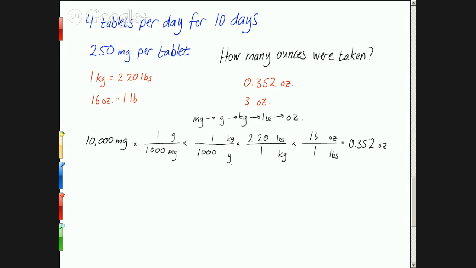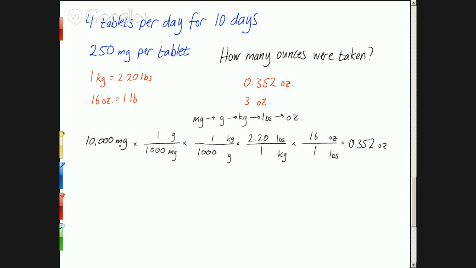Did you go through the actual multiplication? How you cancel that? Yeah, so we're going to say 10,000 divided by 1,000, divided by 1,000, multiplied by 2.2, multiplied by 16.